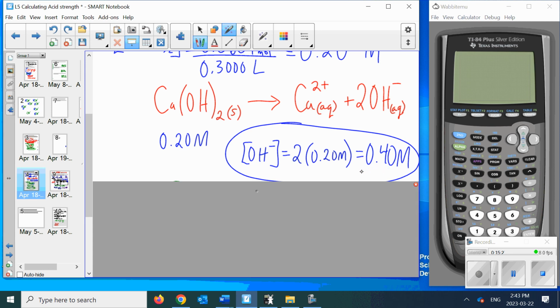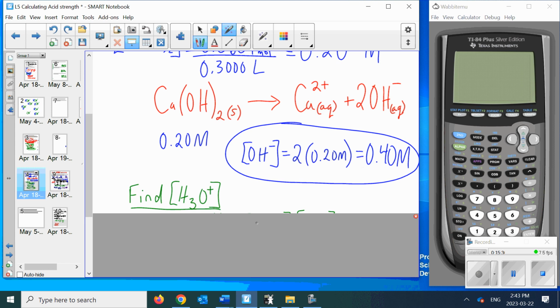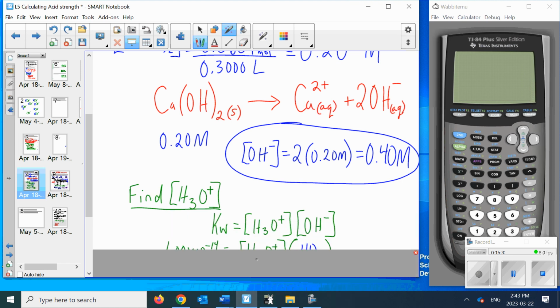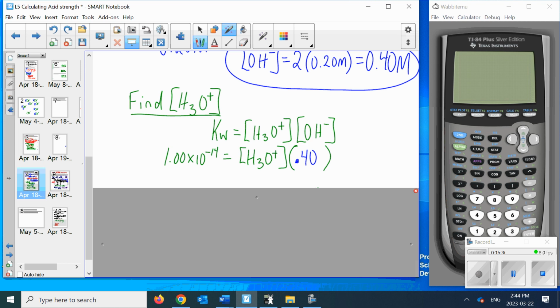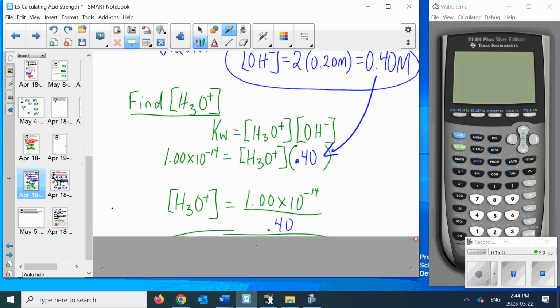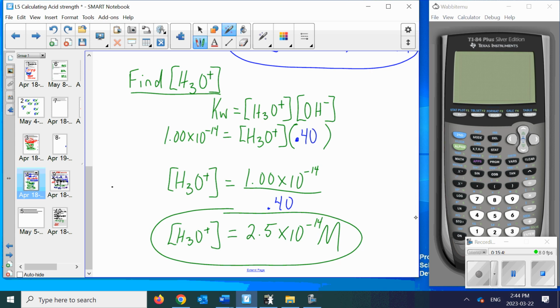Now we figured out the hydroxide. Time to figure out the hydronium. Again, Kw expression, sub in 10 to the minus 14 on the left, sub in the hydroxide concentration we found, and just isolate for H3O. Calculator.